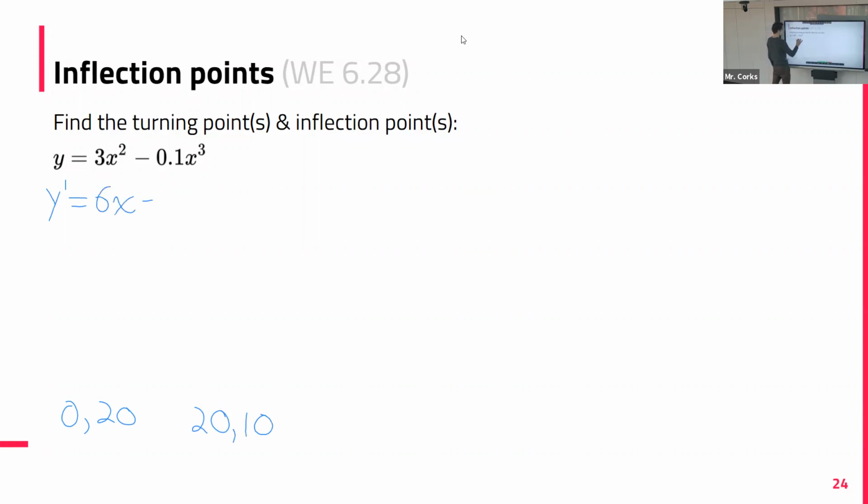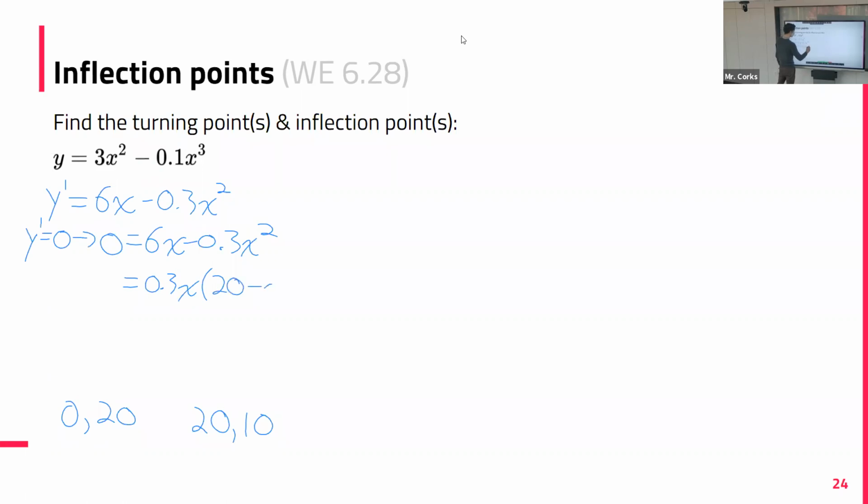6x minus 0.3x squared. That's equal to 0, 6x minus 0.3x squared. And what would we do? 0.3x, okay. And 20 minus x here.